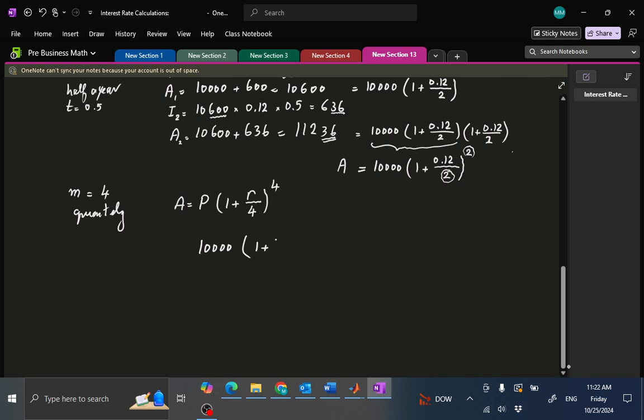I expect you to take that 12% that you were giving me, divided by 4. So I'll have 3%. But now every season, I bring my money back, put it back into the account, and whatever we saw happen here is going to happen 4 times. So first 3 months, second 3 months, third 3 months, and the last 3 months, I'll have 4 compounding periods.